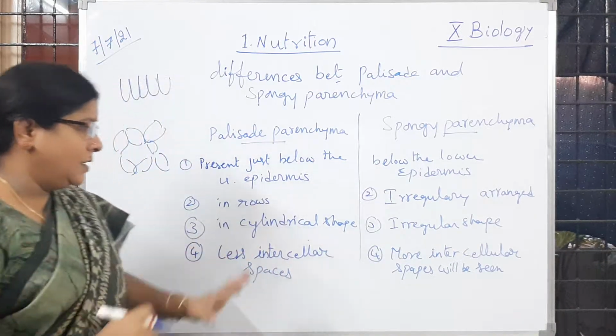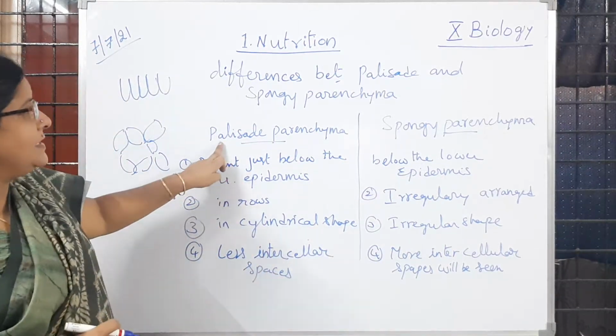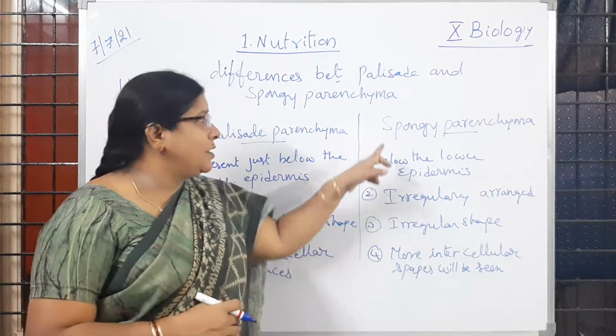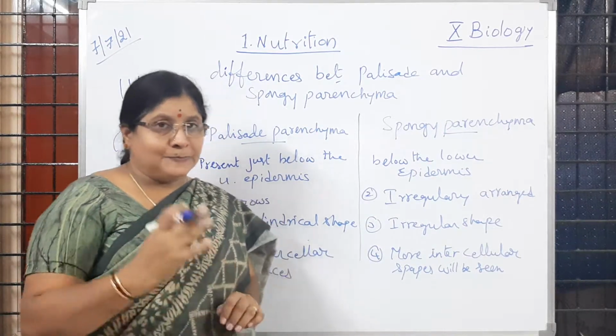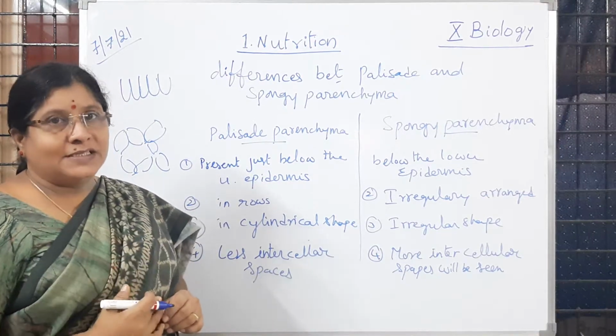You write your own proper sentence. So, less intercellular spaces we are observing in palisade parenchyma, and more intercellular spaces we are going to observe in spongy parenchyma. Coming to the very important point which is related to the process of photosynthesis.